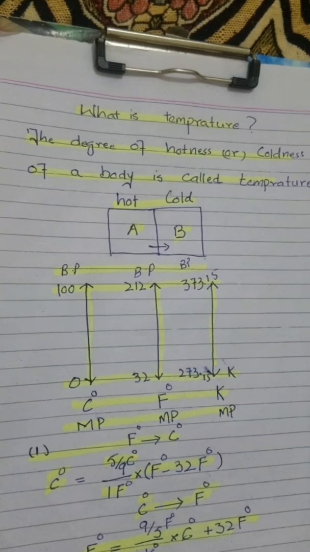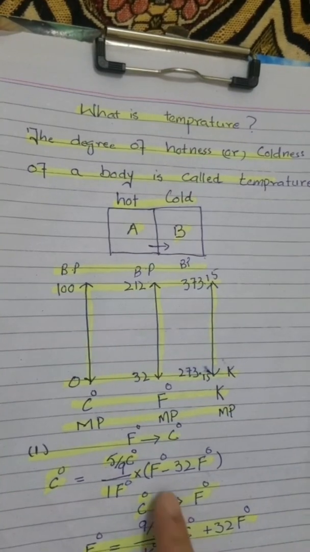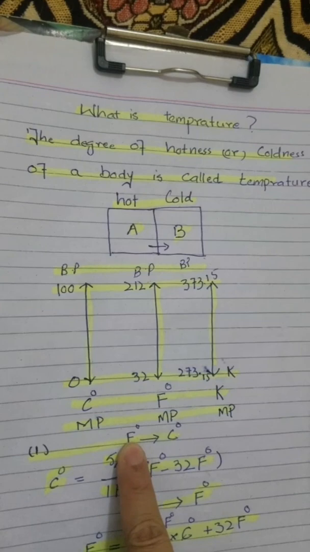Now we want to develop different formulas, and we use these formulas to convert the temperature in one scale into another scale. For example, if someone gives you the temperature in the Fahrenheit scale and you want to convert it into the centigrade scale, we write down the temperature given in the Fahrenheit scale here.